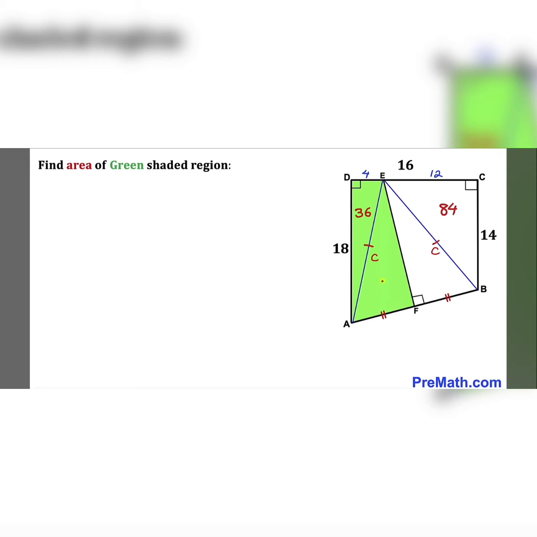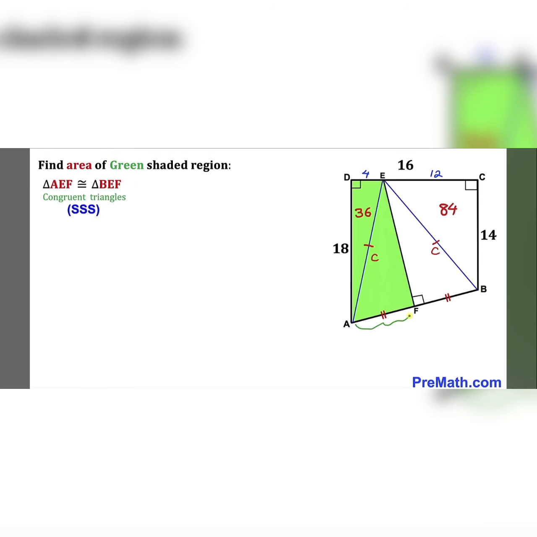And here's our next step. Let's focus on these two right triangles, AFA and the other right triangle BFA. We can see that these two right triangles are congruent according to the side congruency theorem.